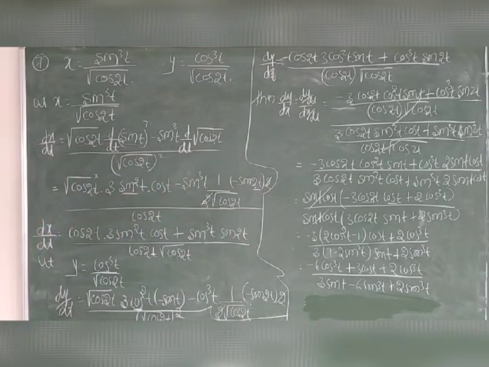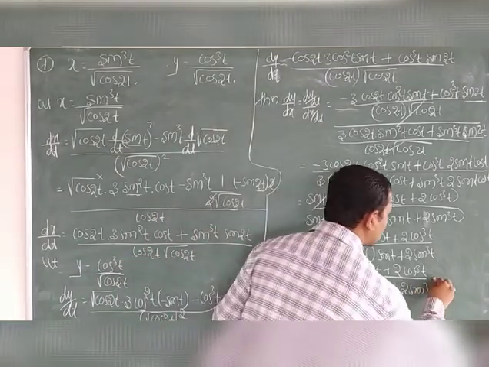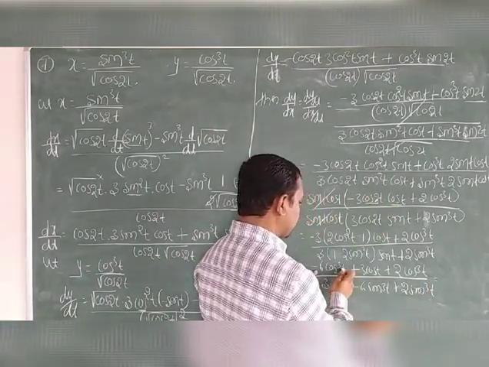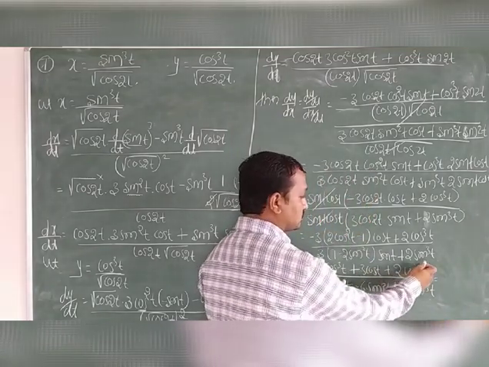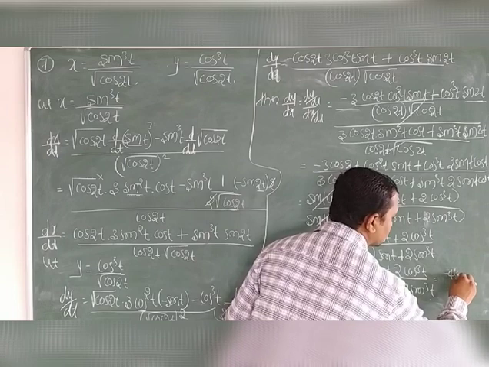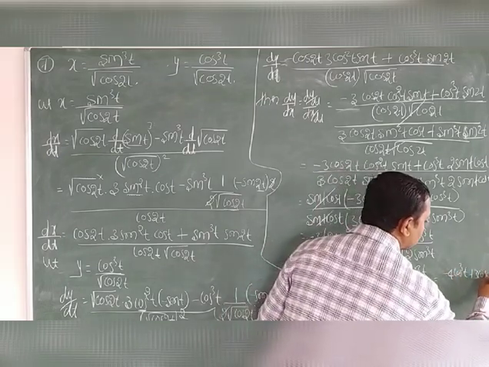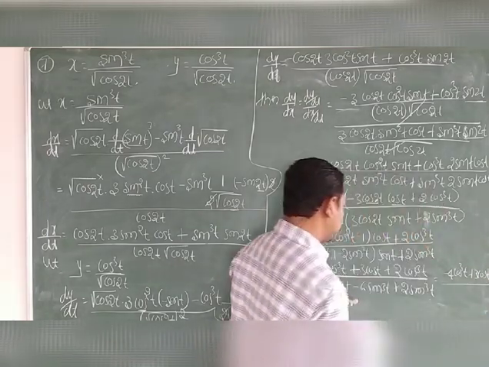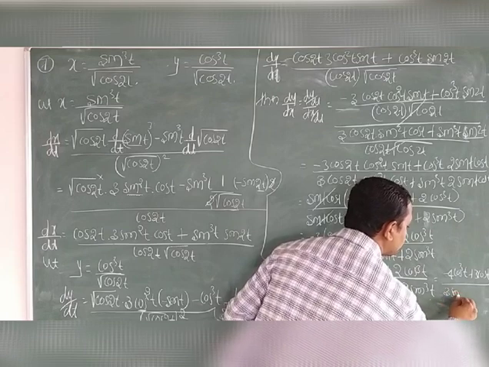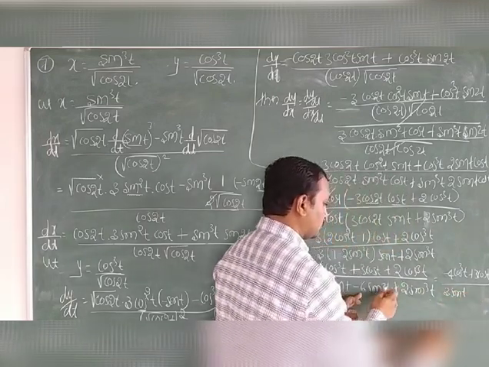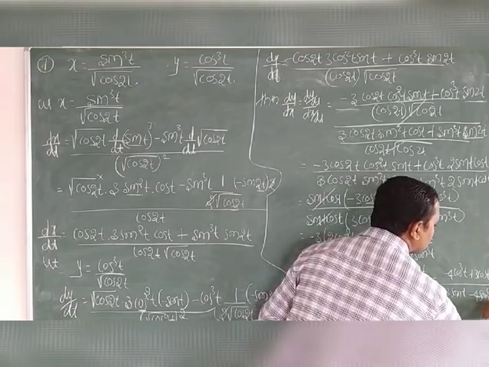So here, this is equal to minus 6 cos cube t plus 2 cos cube t is minus 4 cos cube t, and plus 3 cos t as it is, whole divided by 3 sin t as it is. Here also minus 6 sin cube t and 2 sin cube t is minus 4 sin cube t.